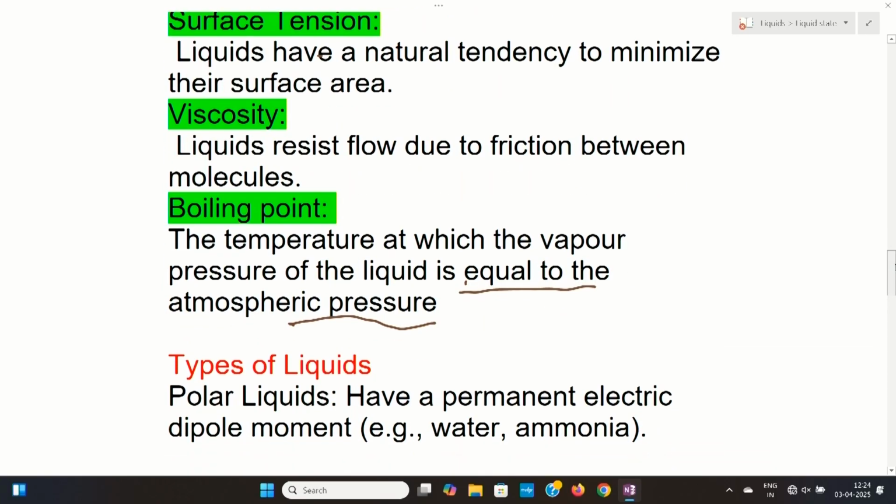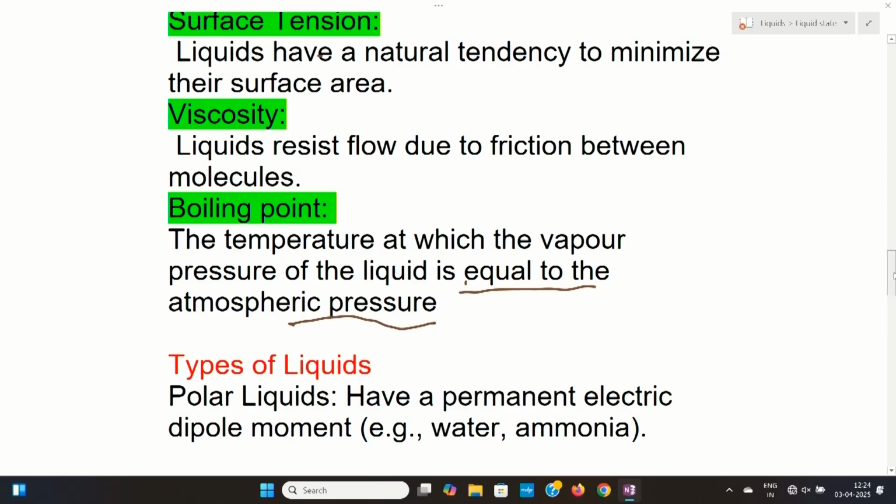Next we are going to see the different types of liquids. The different types of liquids are polar liquids, non-polar liquids and ionic liquids. Polar liquids, as the name says, are polar, non-polar liquids are non-polar, and ionic liquids are liquids in which there will be ions.